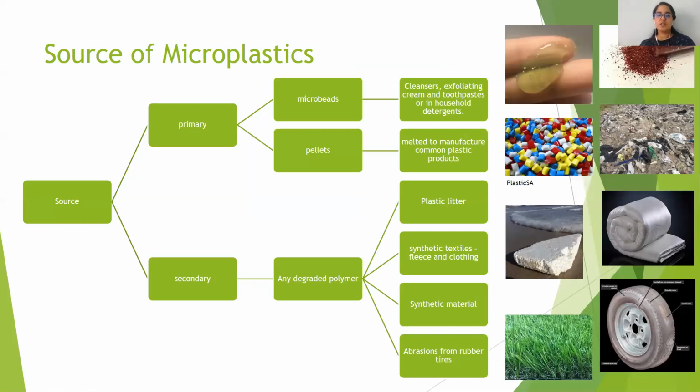But if you go further into microplastics, you will pick up that there are two sources. You've got your primary source of microplastics and your secondary source of microplastics. Your primary source is any plastic that is made with the intention to be really, really tiny.